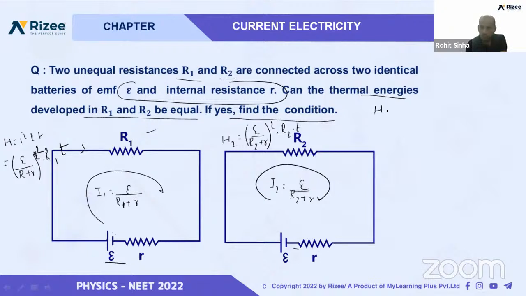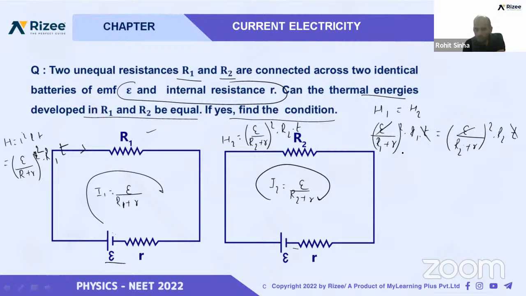Equate both of these equations, H1 is equal to H2. What will we get? E by R1 plus r, whole square, into R1 into T is equal to E by R2 plus r, whole square, into R2 into T. Cancel here and solve this equation.